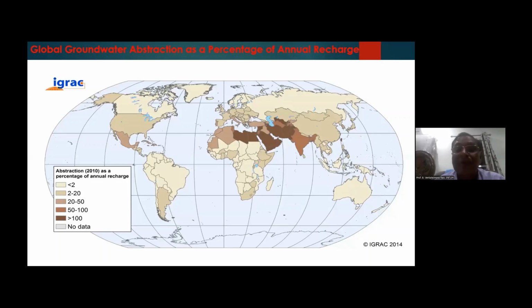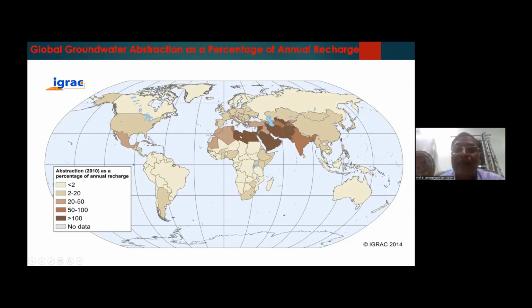And then if you look at this, the abstraction is less than 2% in some areas. The more dark red areas are where development is heavy, particularly India and then the Arab land.